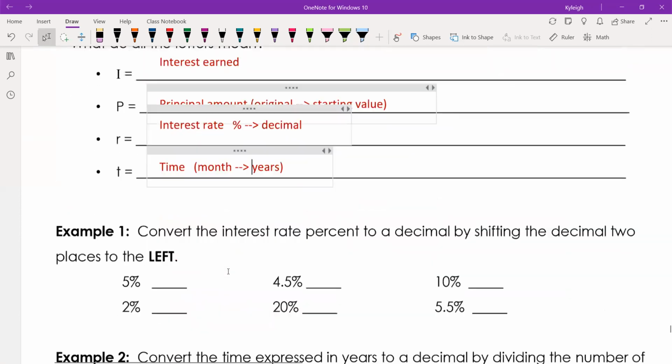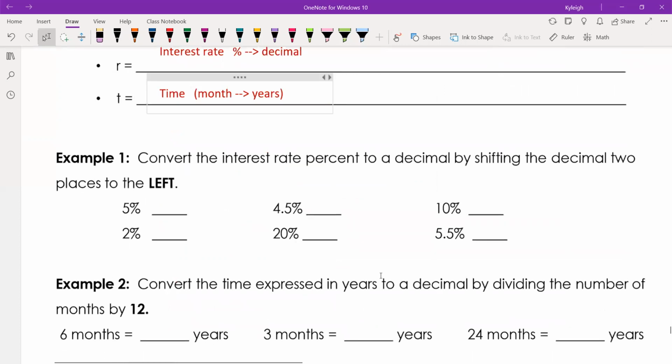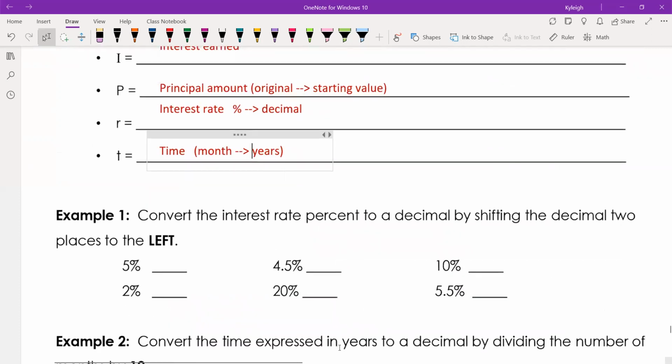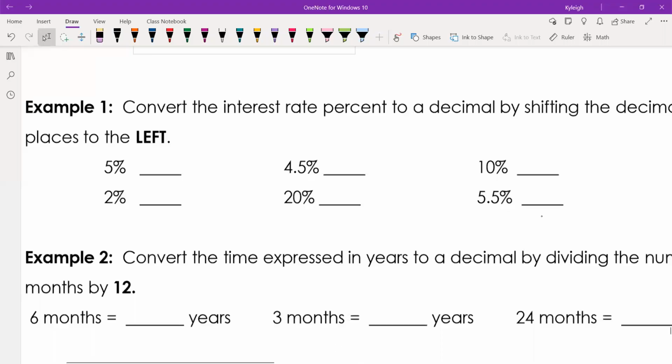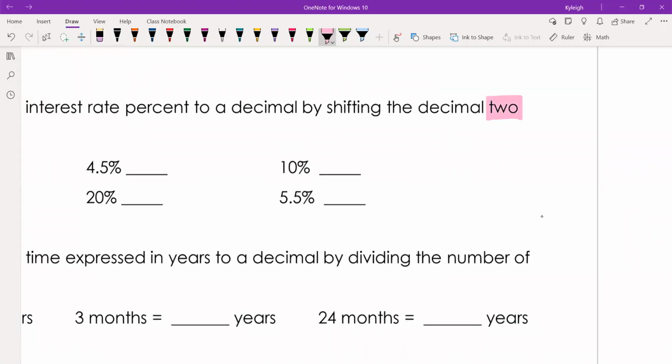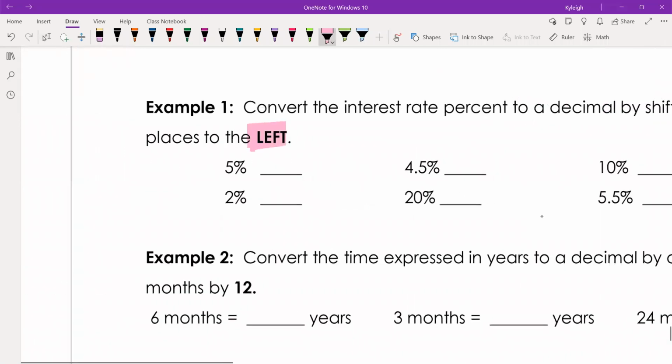Okay, so in the first couple of examples, we want to convert the percent into a decimal, just in case people have forgotten that by now. But let's do that real quick. Remember, we can convert by shifting the decimal 2 places to the left. In the case of 5%, there's an implied decimal place here, and we move it once, twice.